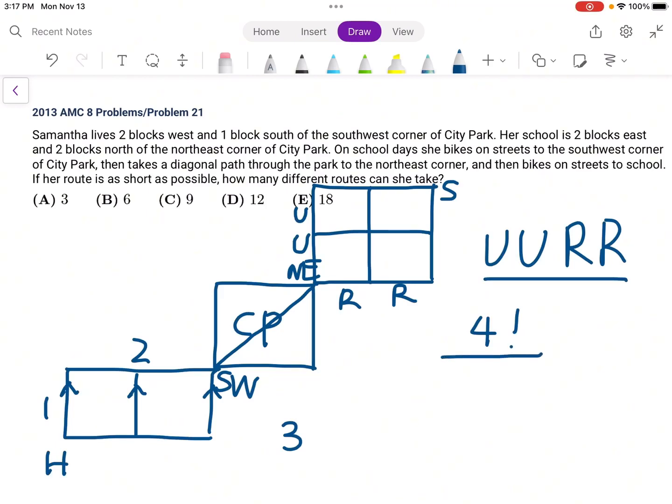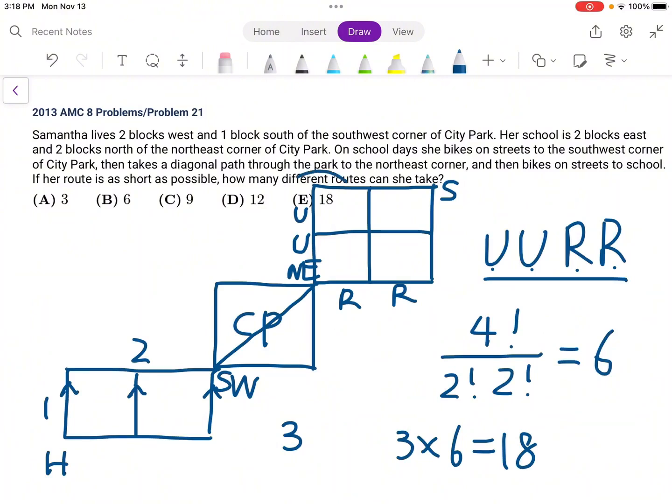And because the order of the U's and the R's do not matter, we divide that by 2 factorial for the 2 U's and 2 factorial for the 2 R's. And that gives us 6 in total from the northeast corner to school. And 3 multiplied by 6 equals 18. So that's 18 ways in total. The answer is E.